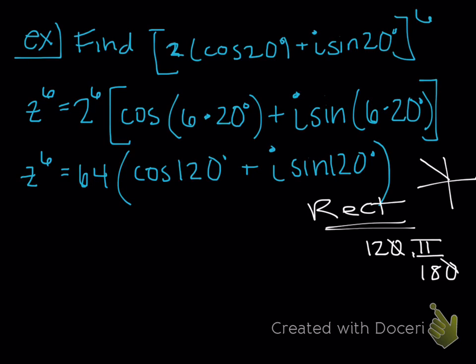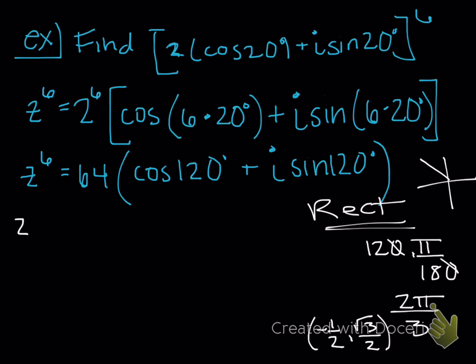The zeros cancel. 12 over 18 can be reduced by 6. So this becomes 2 pi over 3. So 2 pi over 3 is the angle that we're working with for 120 degrees. And 2 pi over 3 is negative 1/2 and root 3 over 2 because I'm in quadrant 2.